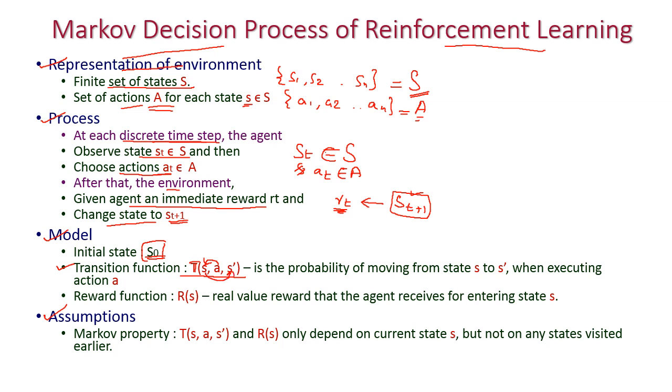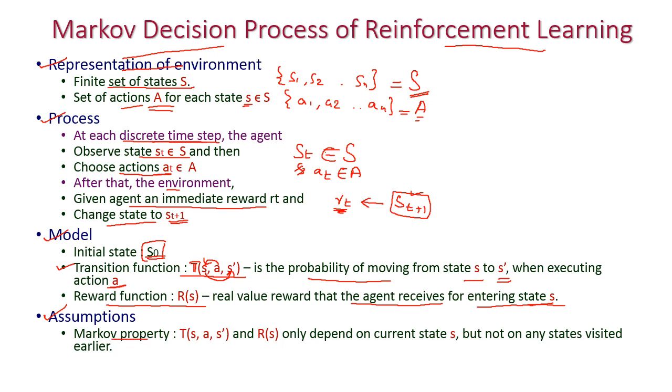It is the probability of moving from state S to S dash when executing the action A. And the reward function is R of S, that is, the real-valued reward that the agent receives for entering state S.